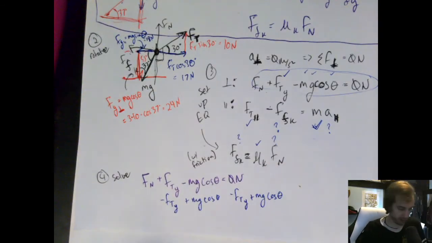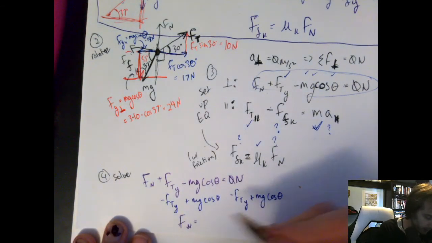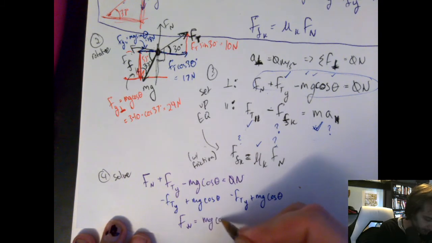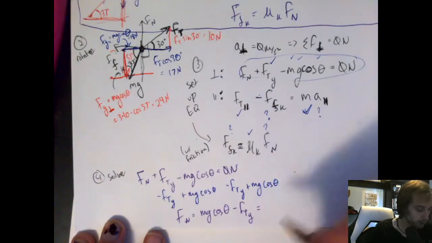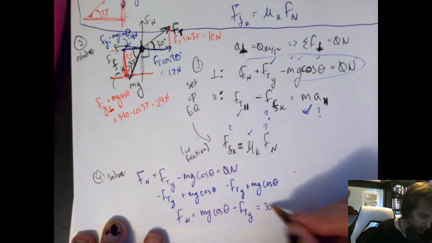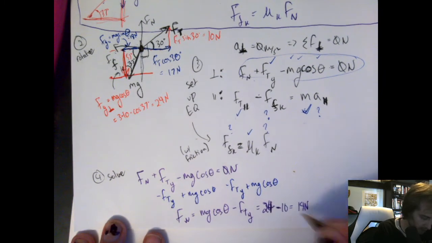If you want to leave it all as variables, which you should probably get in the habit of doing, it'll look like this. And that'll be equal to, if we're plugging in our values, 30 times, actually I already did this, so 24 minus 10. So 14 is our normal force.